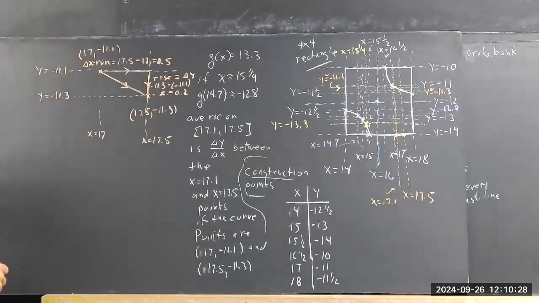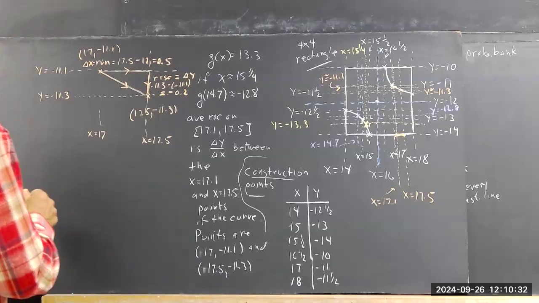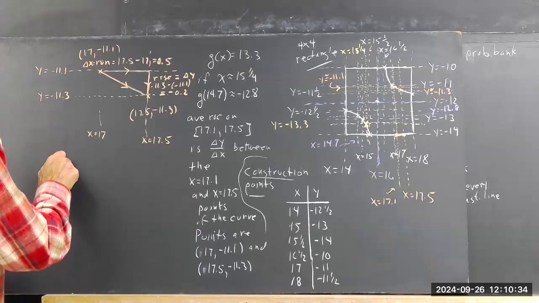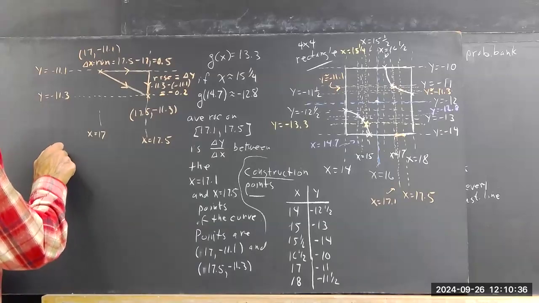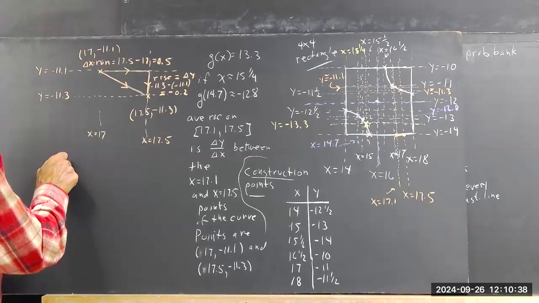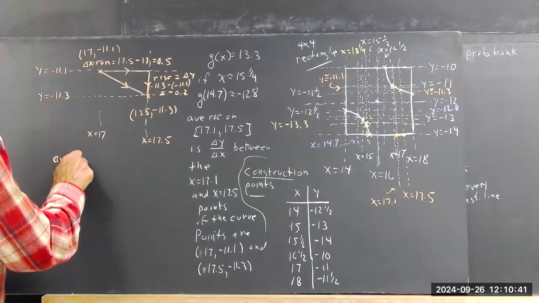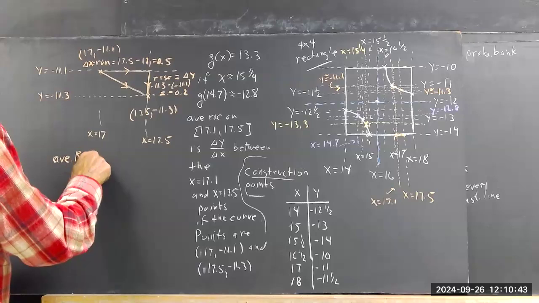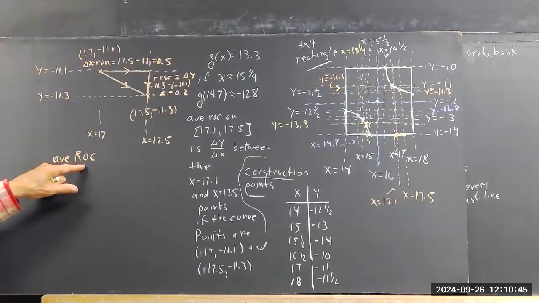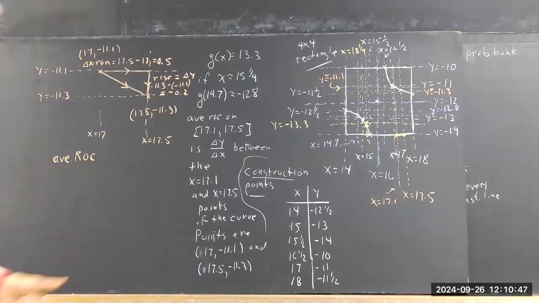Now I ask for the rate of change. Again, I'll use a capital ROC for rate of change to get it down quicker.